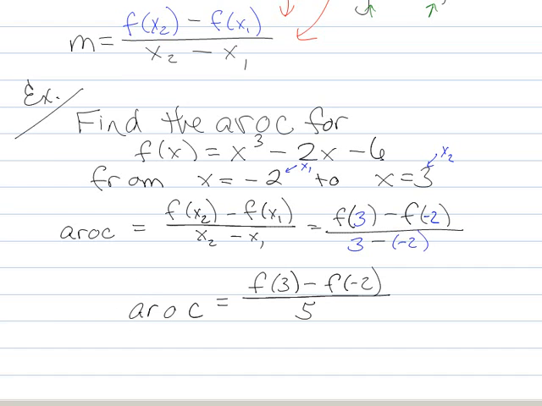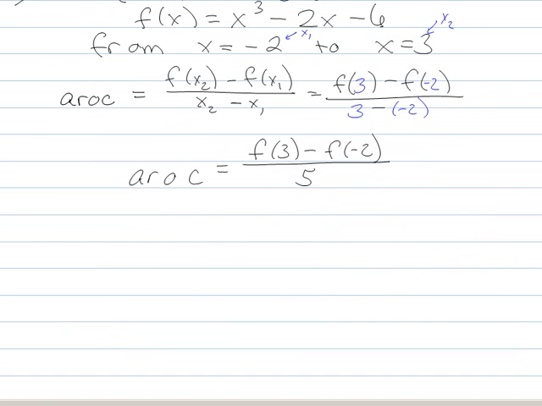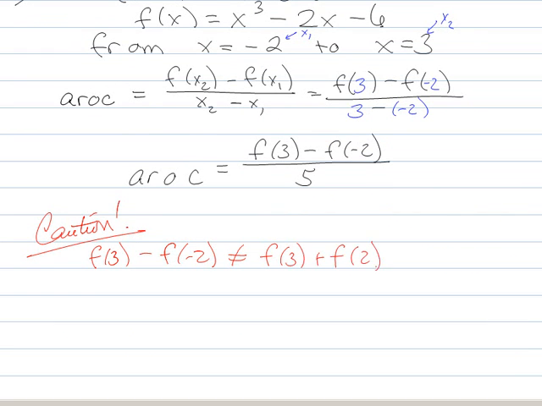Now here's a caution. Notice that f of 3, let me actually write it over here. I'll just put it over here. Caution. F of 3 minus f of negative 2, that's not equal to f of 3 plus f of 2. Okay, you can't do this.